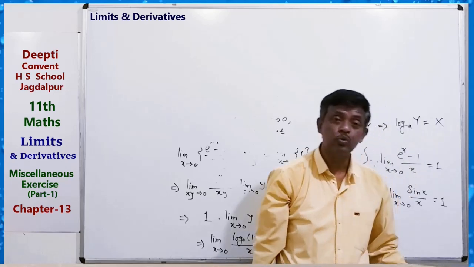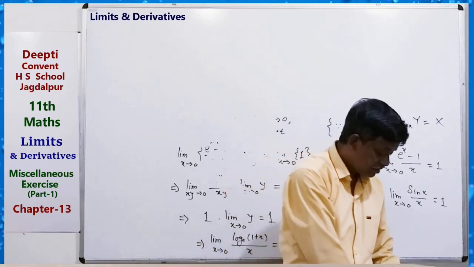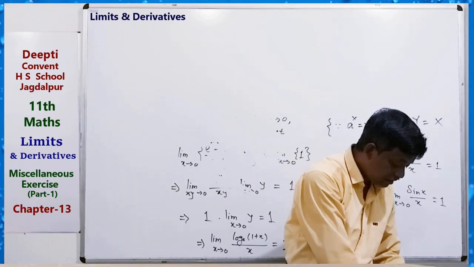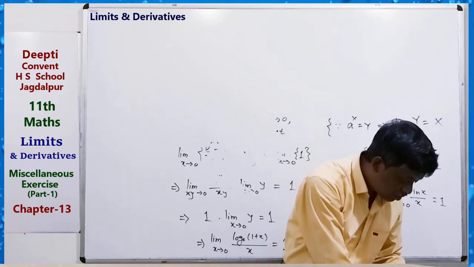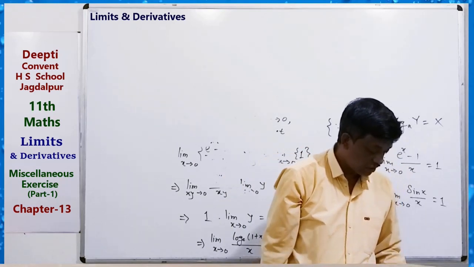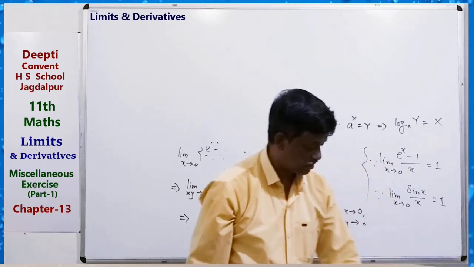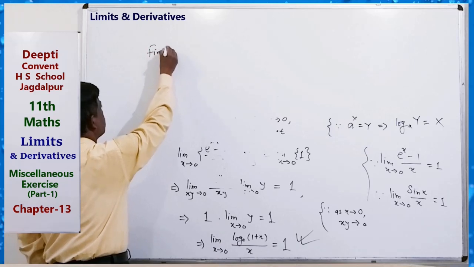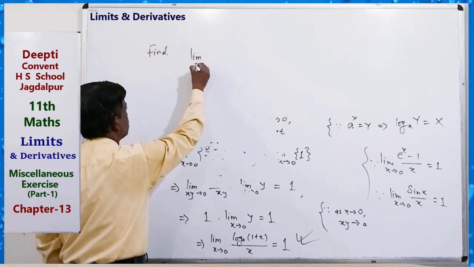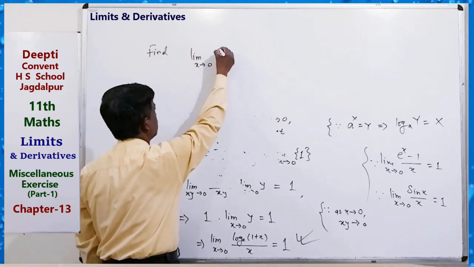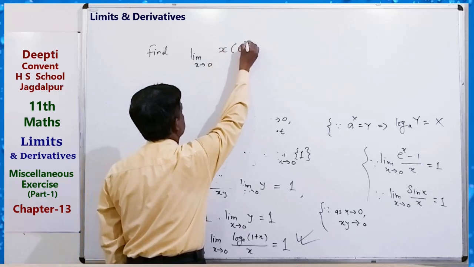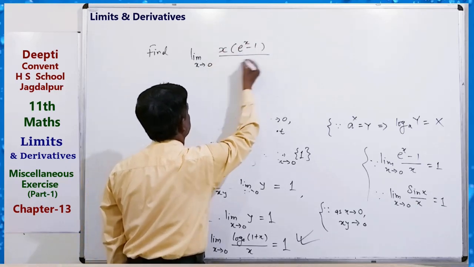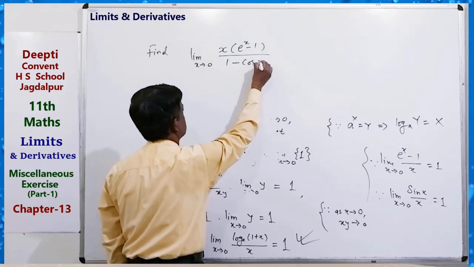exercise 13.2 supplementary exercise. Here, find limit x tending to 0 of (x e to the power x minus 1) upon (1 minus cos x).